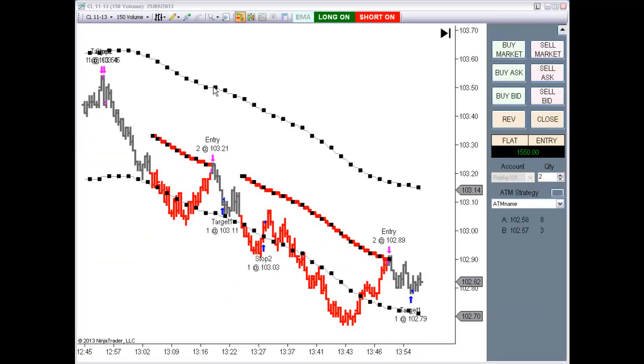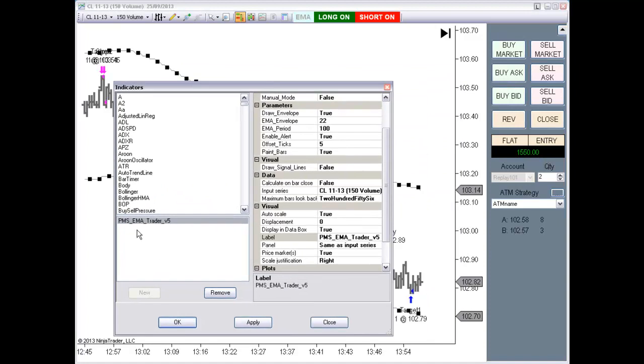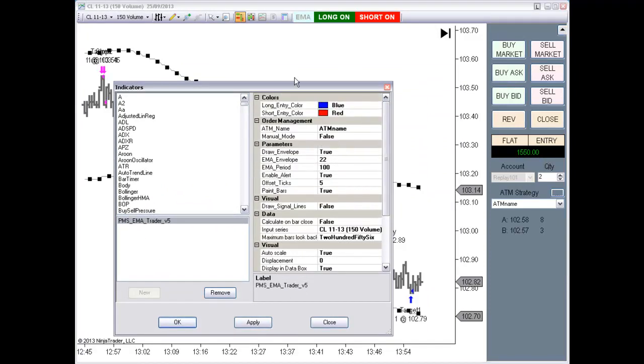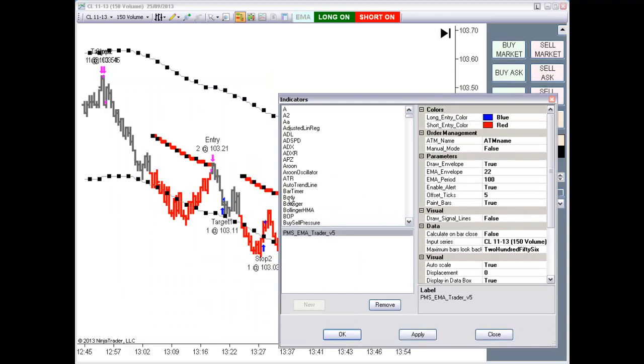What we have here is the new version of an indicator that has more features than the previous ones, because we can enable or disable each one of the parts of the setup.